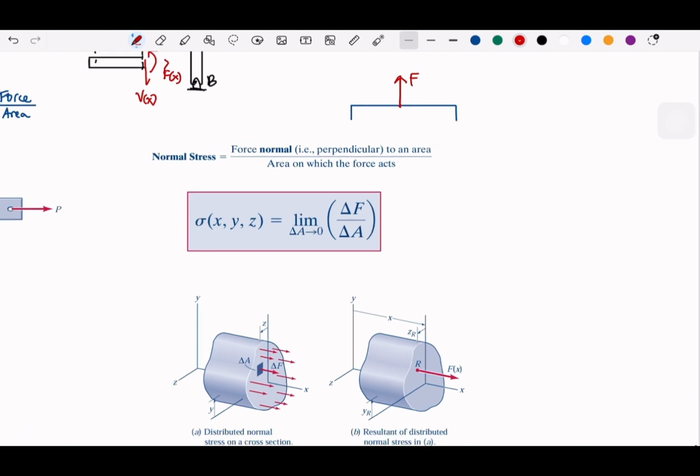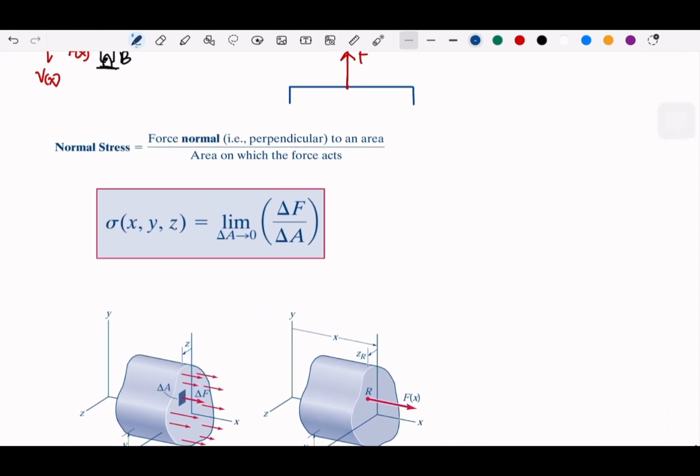And some conventions, okay, that are going to apply all through the course: positive stress means it is tensile, okay?